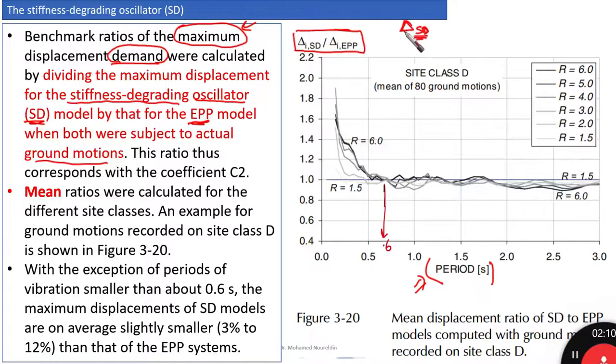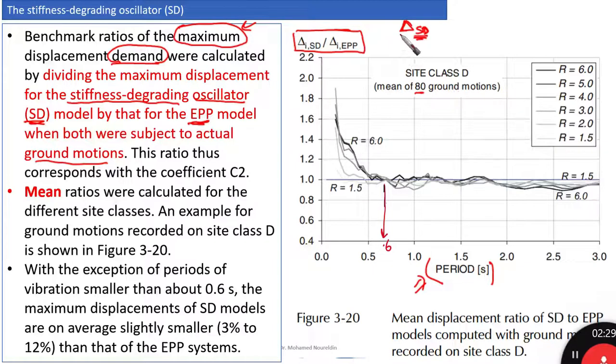Maximum response is going to be calculated using nonlinear time history analysis, and this analysis is going to be conducted for multiple actual earthquakes. The number of these earthquakes is 80 ground motions.